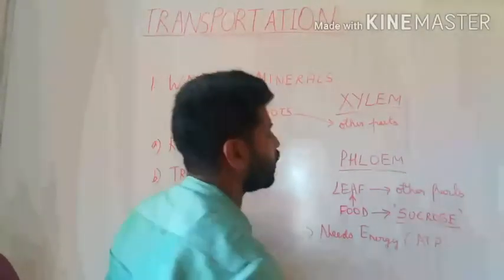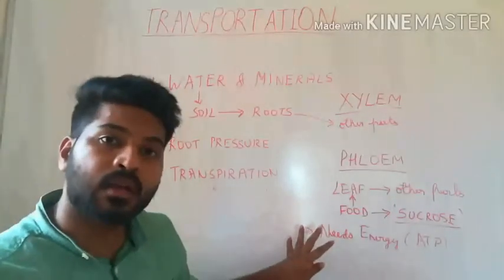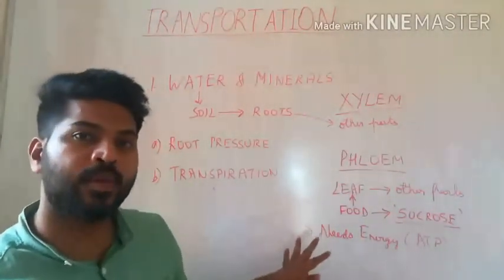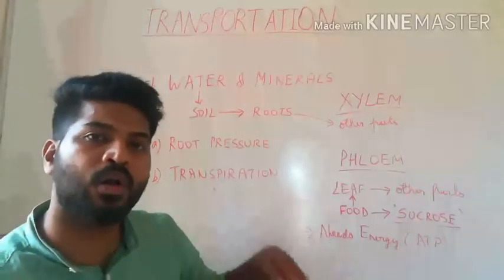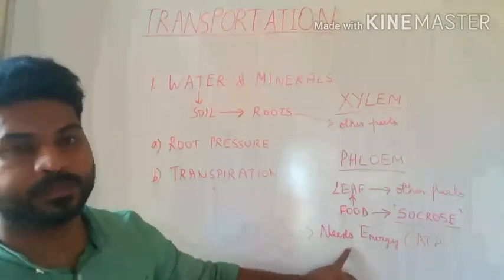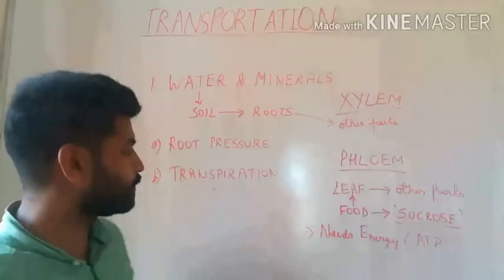Energy is required for the transportation of food. We call it translocation. Movement of food from the leaves to different parts of the body is called translocation. It requires energy. How exactly does this take place? This could be a question.